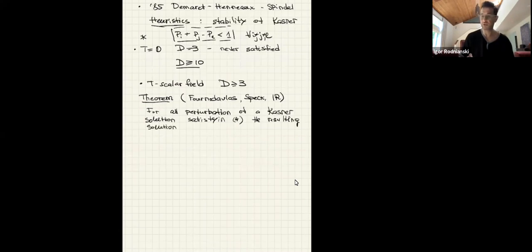Well, first of all, it will exist on the interval which starts at initial data -1 and then goes all the way to 0. Then t equals 0 is a singularity.